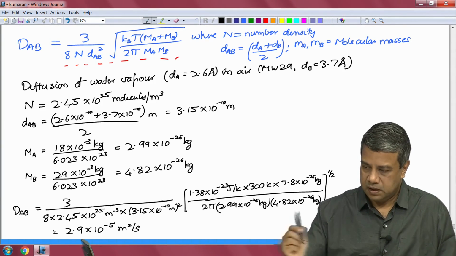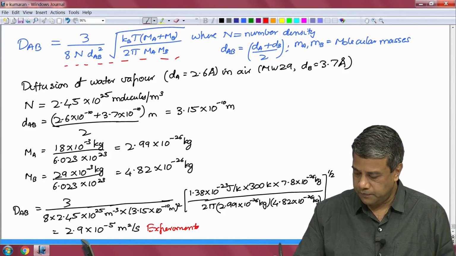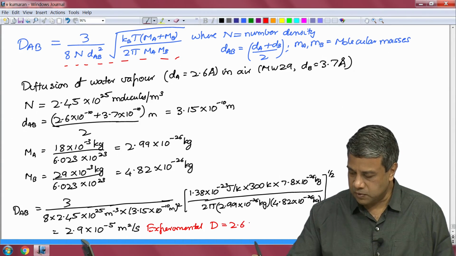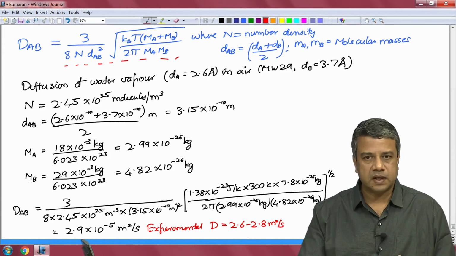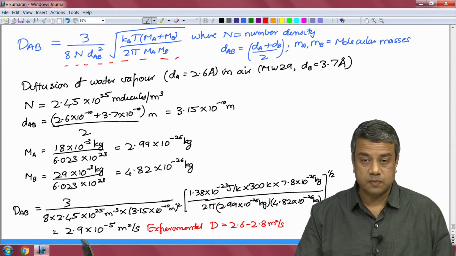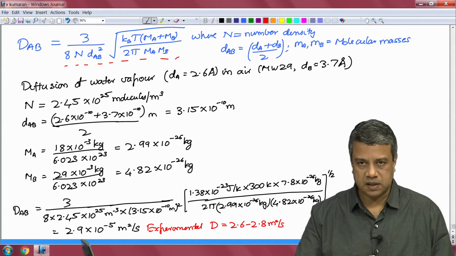And the experimental result is usually reported in the range of 2.6 to 2.8 into 10 power minus 5 meter square per second. So, this simple calculation of the diffusion coefficient from the molecular properties has given us a very good approximation for the diffusion coefficient in gases.